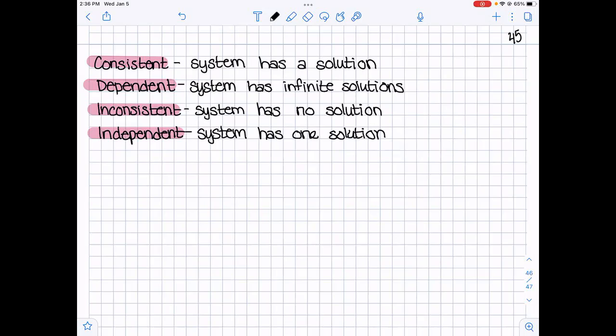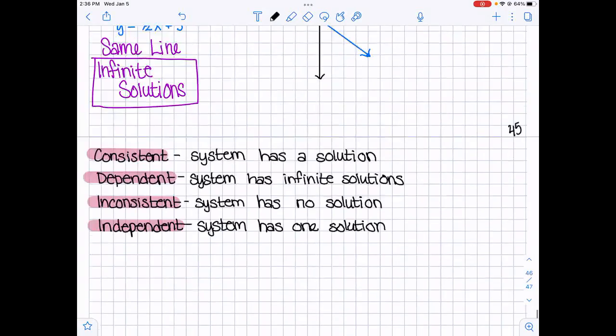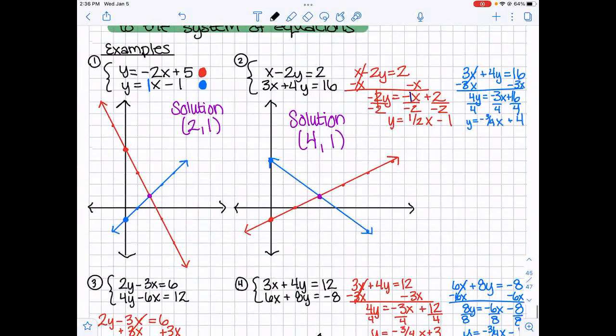Okay, just follow along. You don't have to write, just look. Looking at number one, is that consistent or inconsistent? It's consistent, because it has a solution. Now, is it dependent or independent? Independent, because it has one solution.